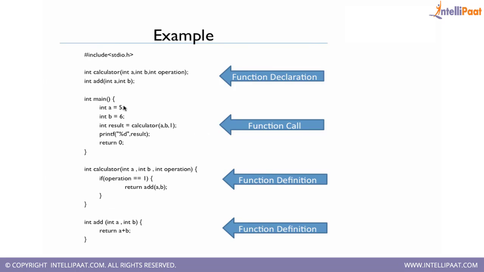Here in this example, once the add method is done, it returns control to the caller method, which is calculator, and calculator will finally return back to main. So whatever chain of functions we are calling, ultimately it ends up at main. Because the function call originates from main, it has to end at main.